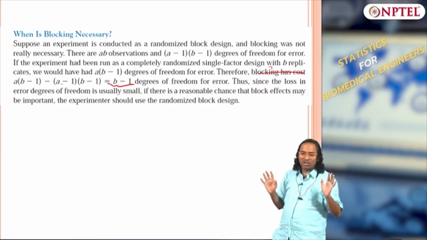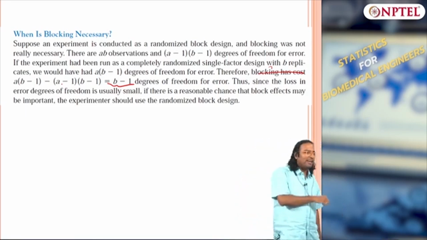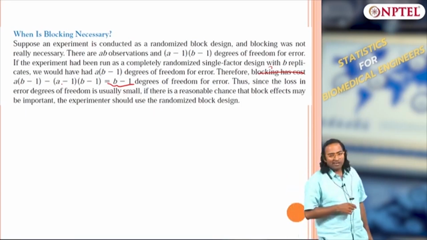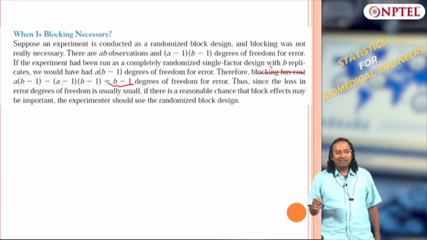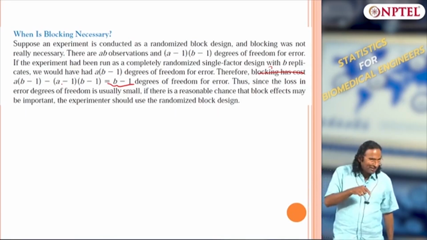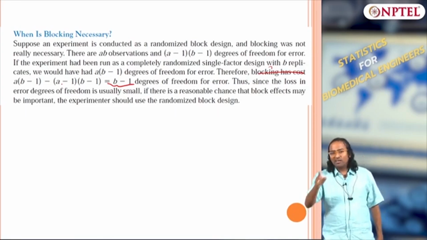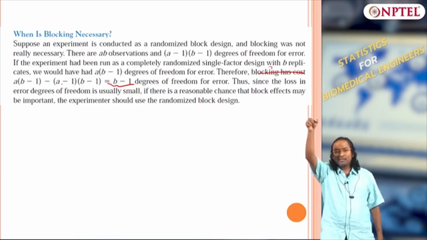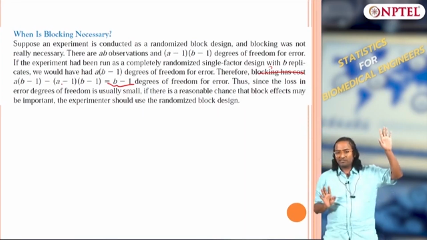So the moment you start blocking, that comes with a cost on the experiment. If you want to design an ANOVA versus RCBD, the problem with RCBD is that the moment you start blocking, you have to increase the number of experiments. It has a direct influence, and by how many?